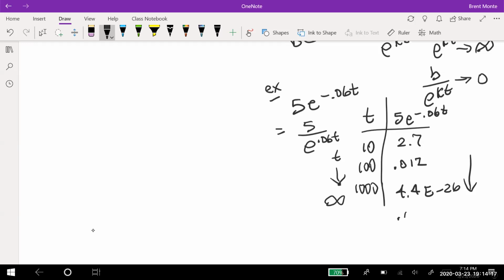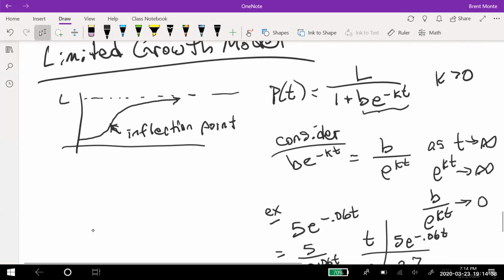So in fact, it's 0.000...044, and there are in fact 25 zeros. So it's getting really, really close to 0. We'll say approximately 0.